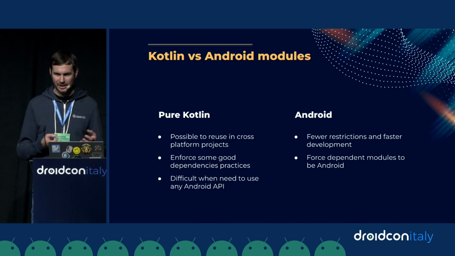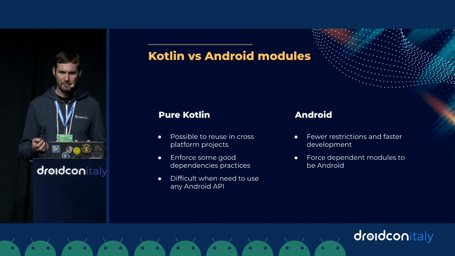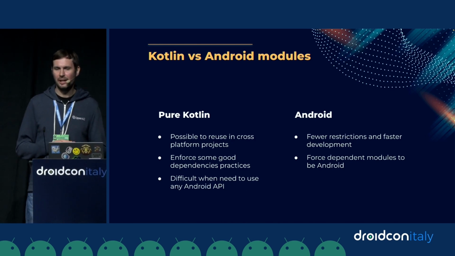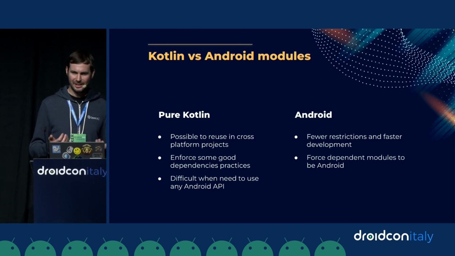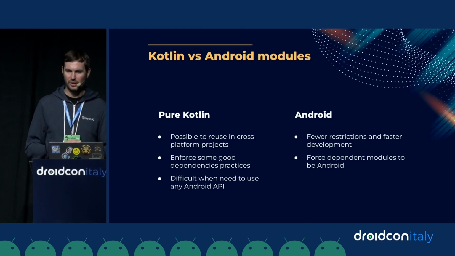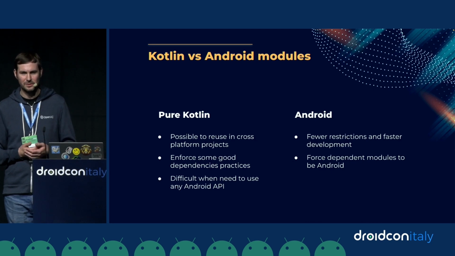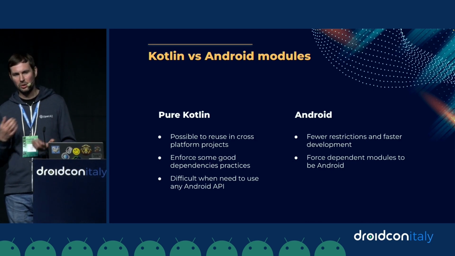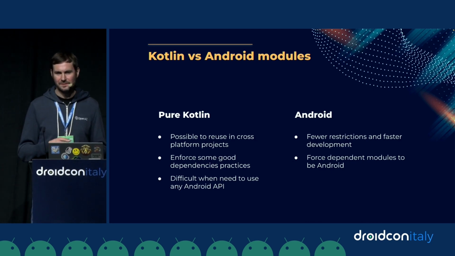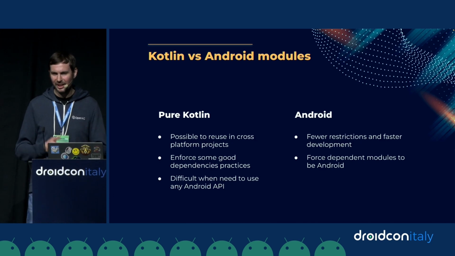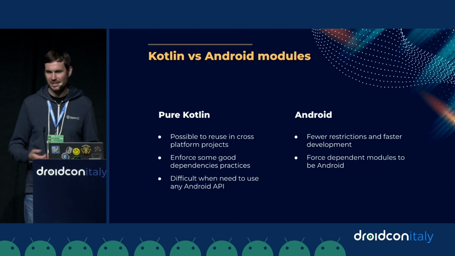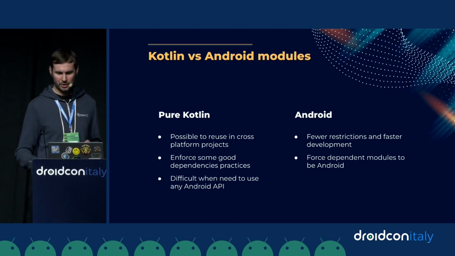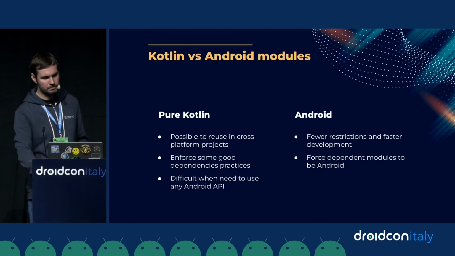You either have to create a separate module to just abstract the API or convert everything to Android. Then we decided that most of our modules can be Android. It's just easier, and so far we didn't need to share any of our code base. Depending on your project, you might lean one way or another. If there's a chance of reuse, it might make sense to put more effort into keeping pure Kotlin modules where possible.